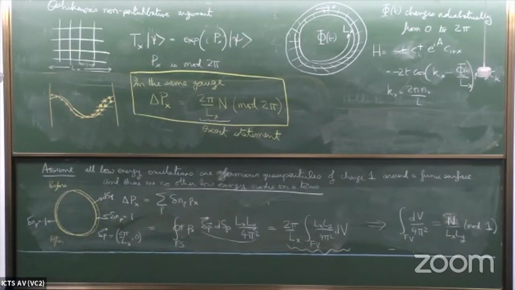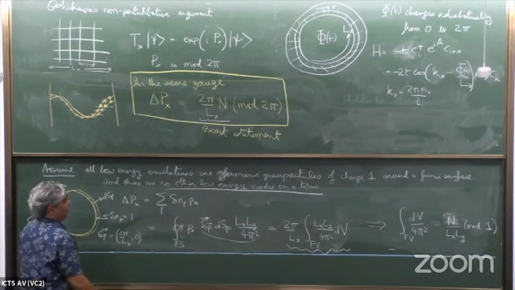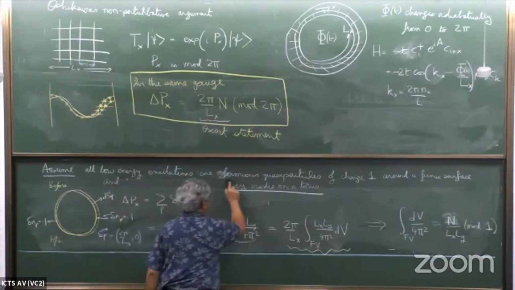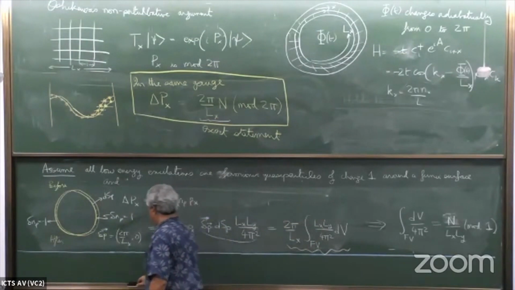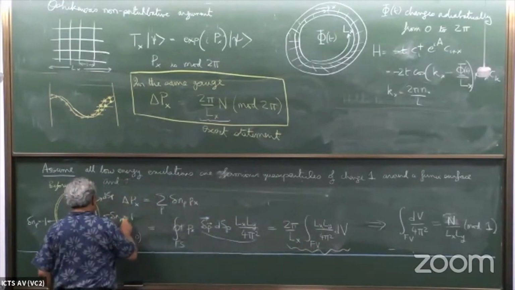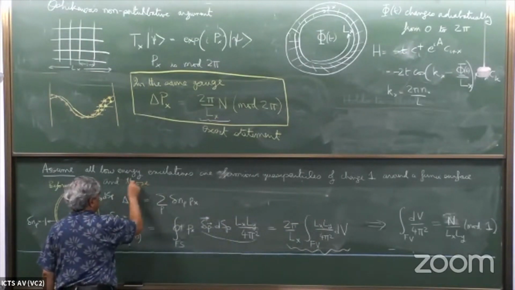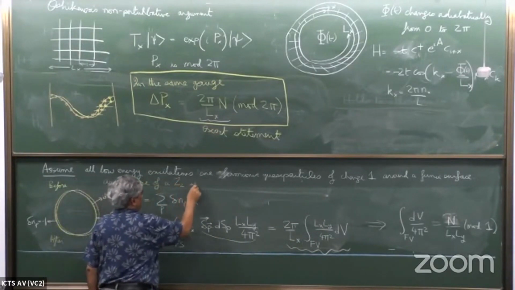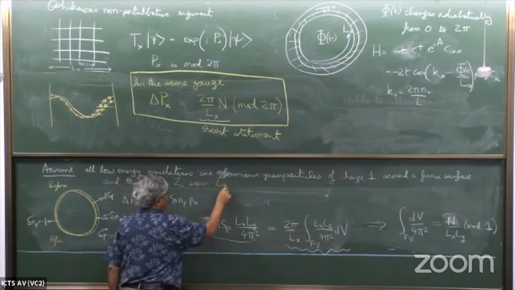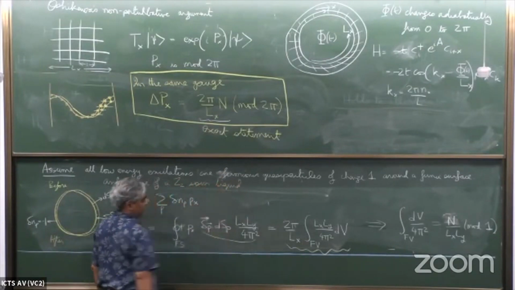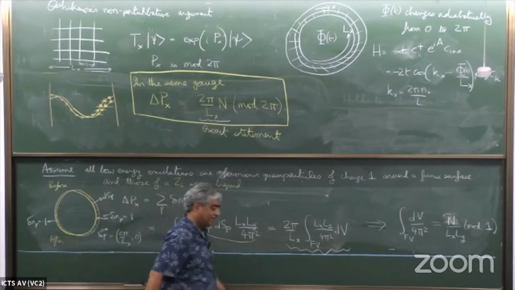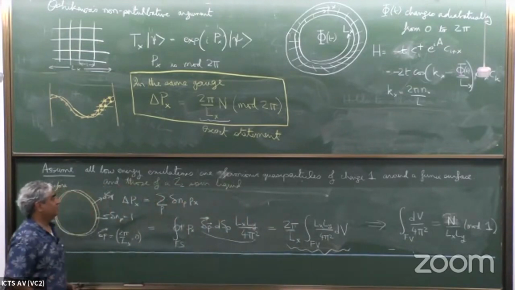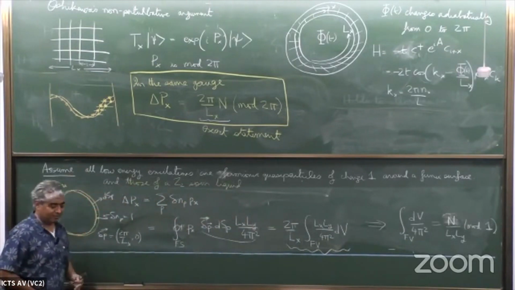So here the assumption will be a fermionic quasi-charge running around a Fermi surface, and those of a Z2 spin liquid. This is sort of similar to the perturbation theory in JK argument. We start from JK equals 0, and then we do perturbation theory in JK. And here we're doing roughly the same thing. We're saying at JK equals 0, I have a small Fermi surface and I have a Z2 spin liquid.